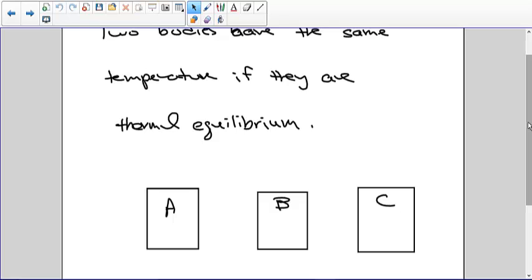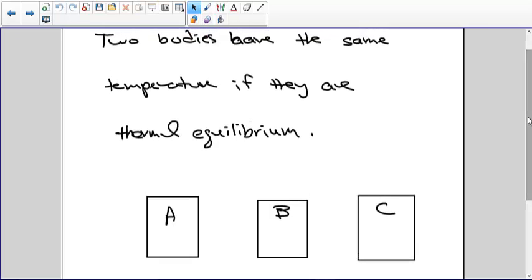If you put two bodies in contact with each other and you saw evidence that there was energy transfer between the two bodies, then you could conclude that the temperatures are not the same. So two bodies have the same temperature if they are in thermal equilibrium.